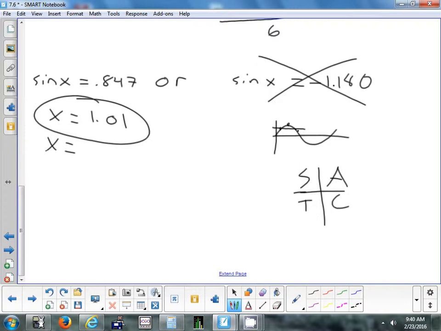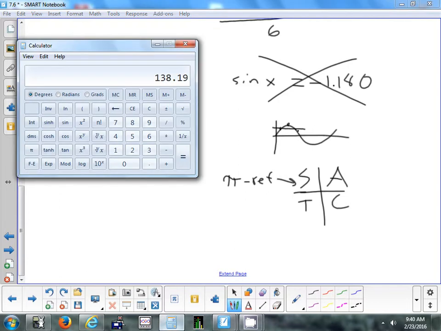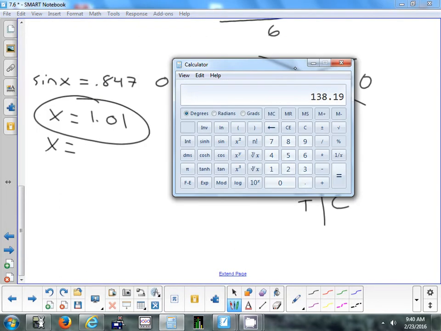What if we're working in radians? Pi. So quadrant 2: pi minus my reference angle. What's my reference angle? I just found it, 1.01. So I'm going to take pi minus my reference angle. 2.13.